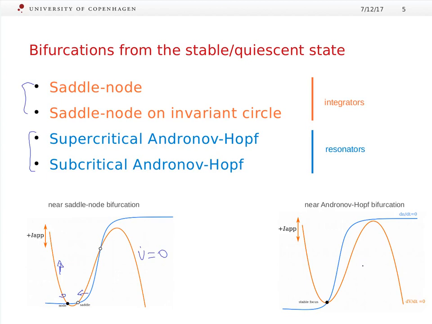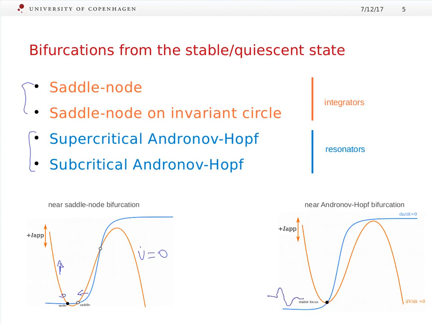In the Andronov-Hopf bifurcations, on the other hand, we don't see a change in the number of equilibrium points, but before bifurcation we have a stable focus, and just after the bifurcation the focus becomes unstable. Now, because there is a focus in the Andronov-Hopf bifurcation, this means that the dynamics of the neuron is oscillatory near the resting state.